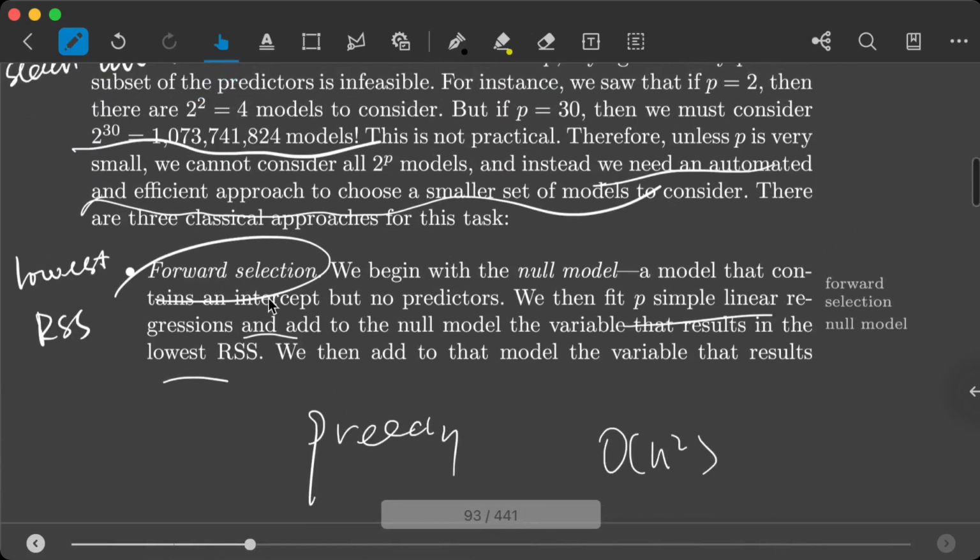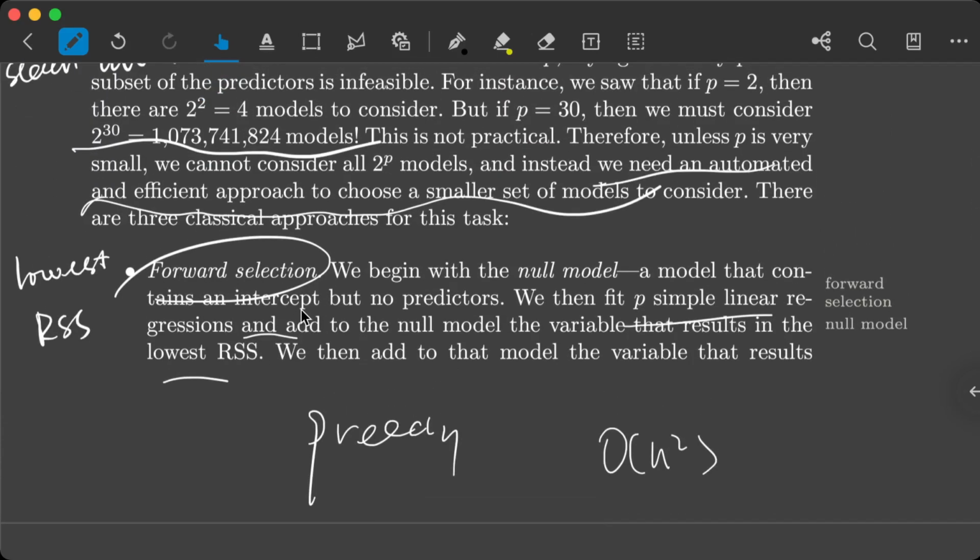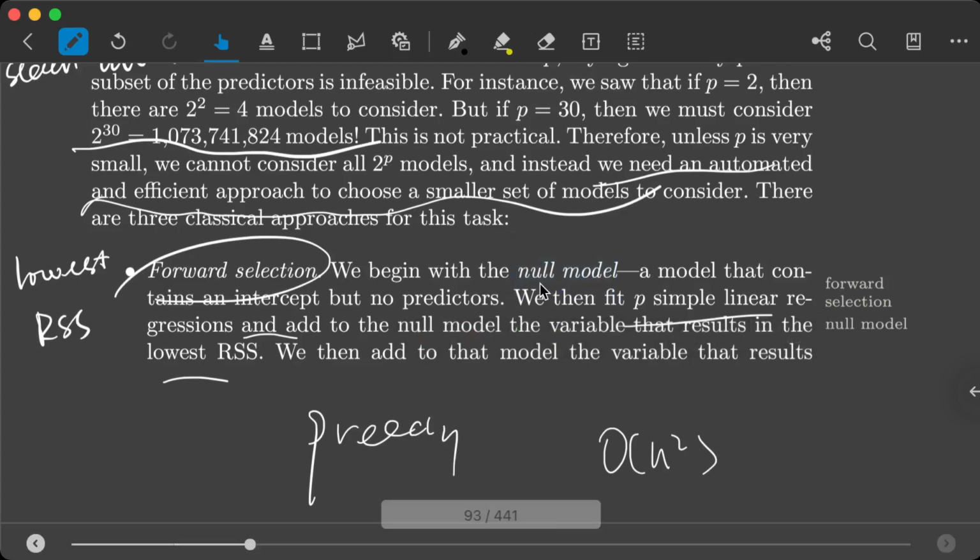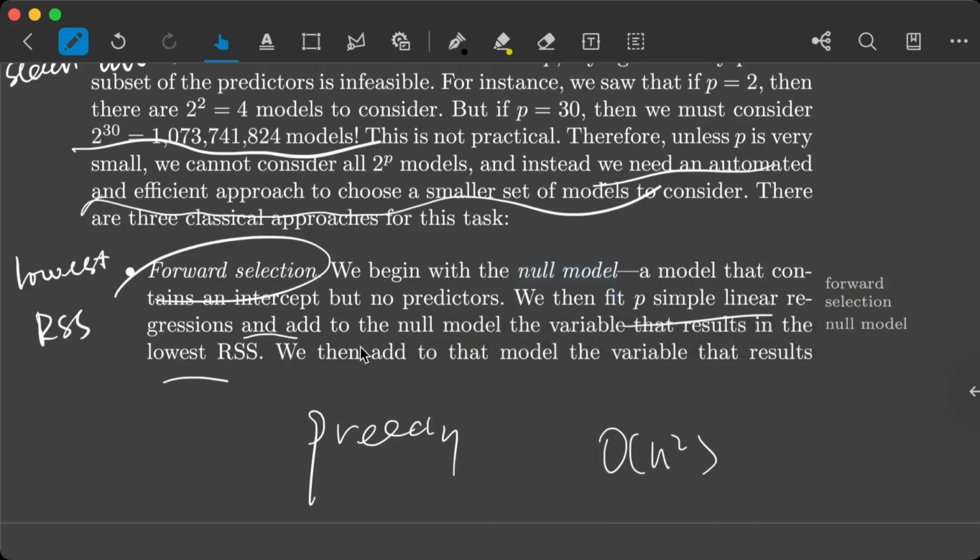And in summary, they are all about a greedy method, but they have different techniques. The first one is very easy to understand. It's forward selection. We start from a null model, which means that none of the predictors is included.